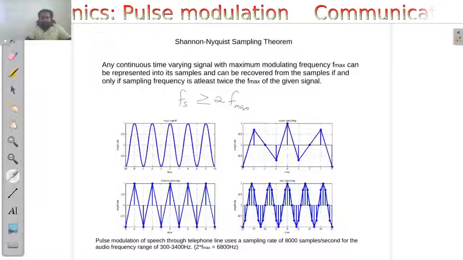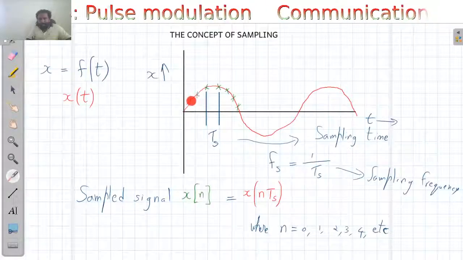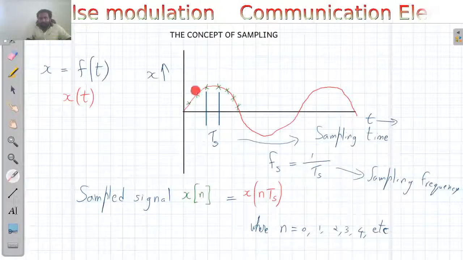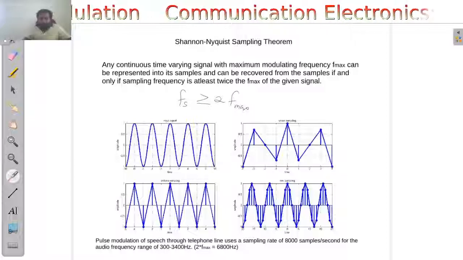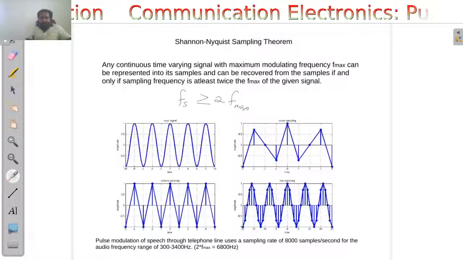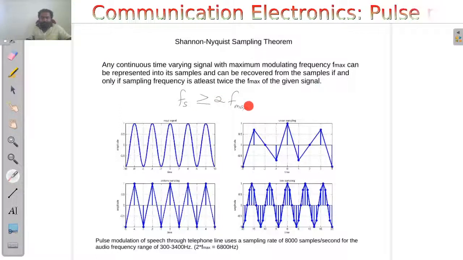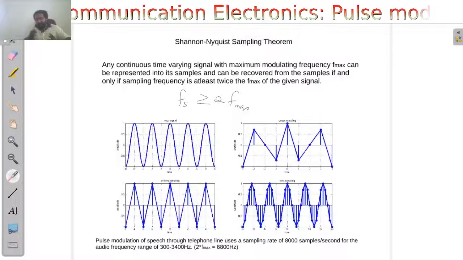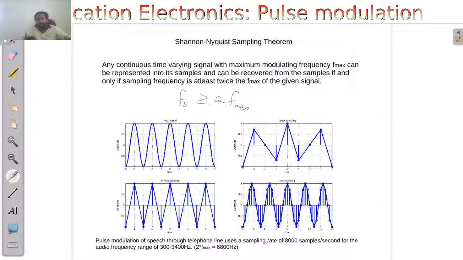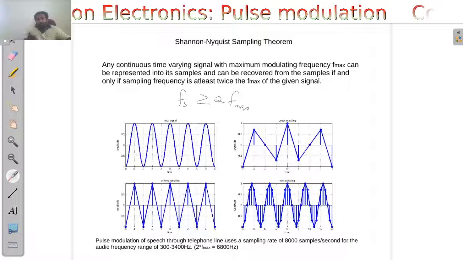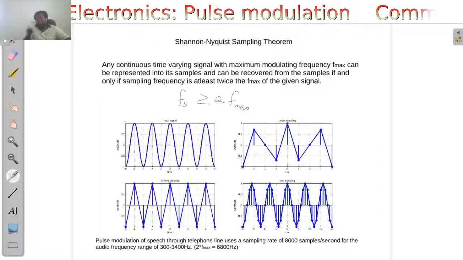If that is fixed, and you know that is the maximum frequency, then the sampling frequency, the rate at which you sample, should be greater than or equal to twice the maximum frequency. Suppose you are going to transmit this concert, then the frequency of sampling should be twice 20 kilohertz, which means 40 kilohertz at least.